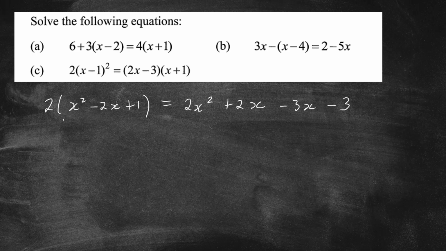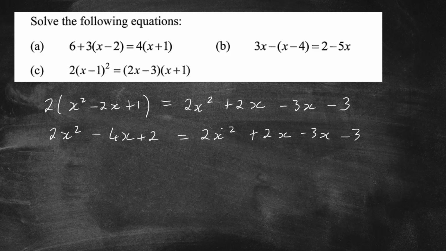Okay, so we still need to multiply this 2 into this bracket: 2x squared minus 4x plus 2 equals 2x squared plus 2x minus 3x. We could have added like terms sooner, but either way, now these two, if they didn't cancel out, we'd no longer have a linear equation, but they do.